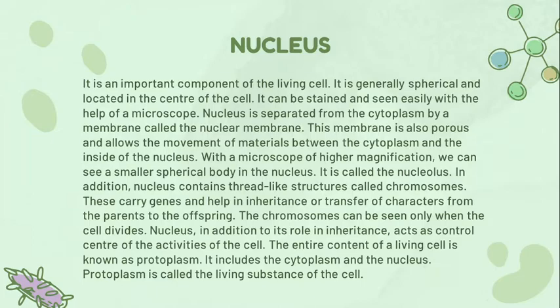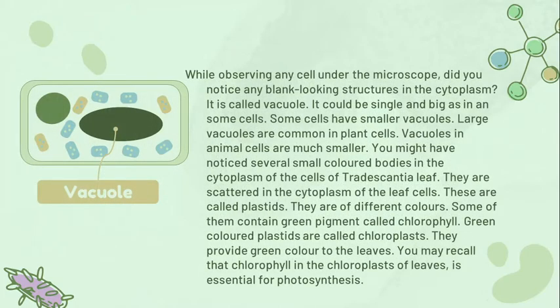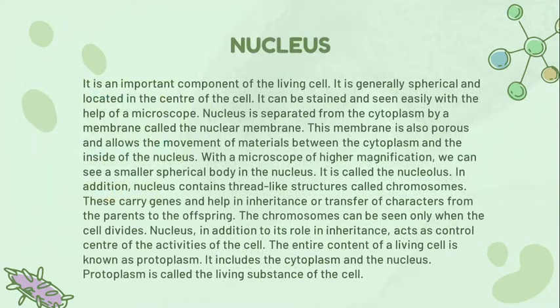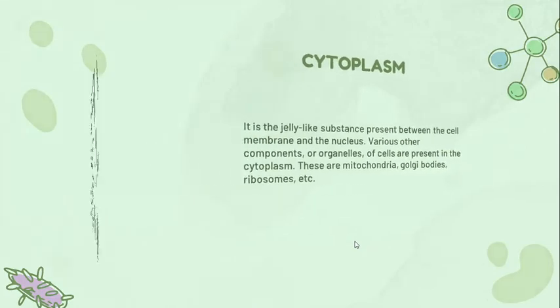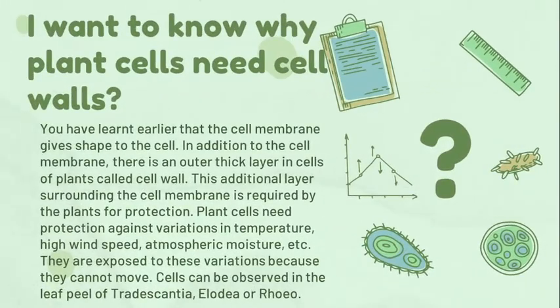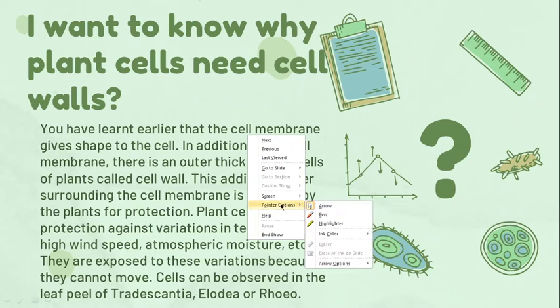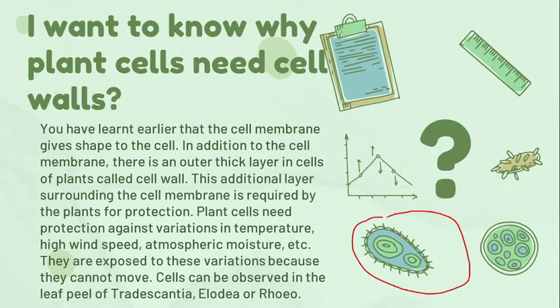With a microscope of higher magnification, we can see a smaller spherical body in the nucleus. It is called the nucleolus. Here there's a cell. This cell has a nucleus.